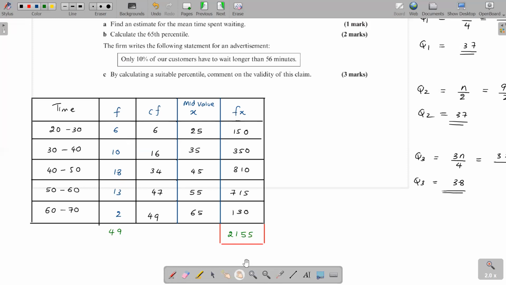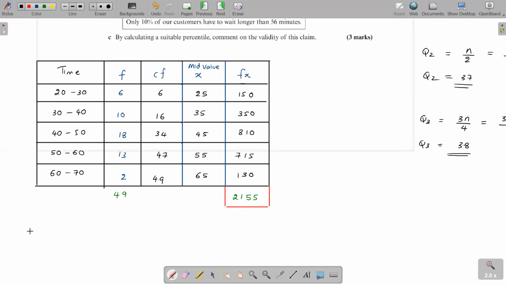So now I can go to find the mean, part A. The mean is sigma fx over sigma f. This is the formula we learned the previous day. Sigma fx is 2155 over sigma f, which is 49. 2155 divided by 49 is 43.98.